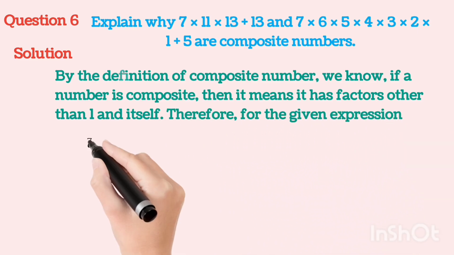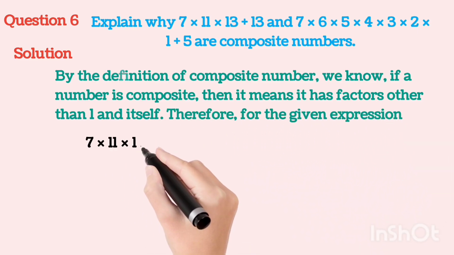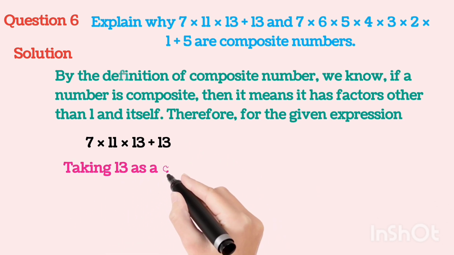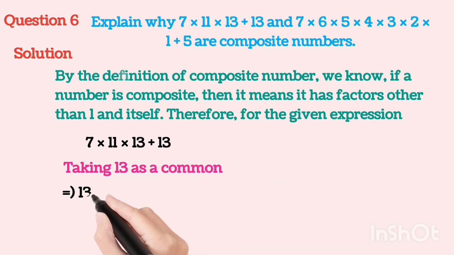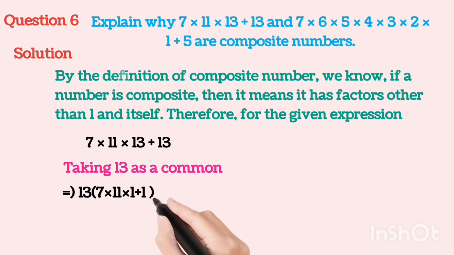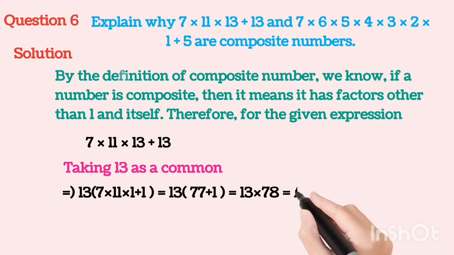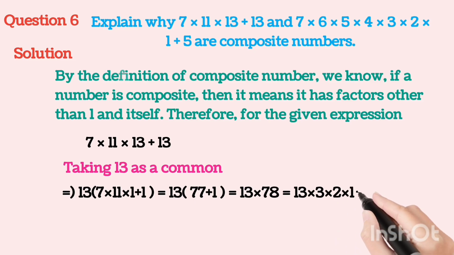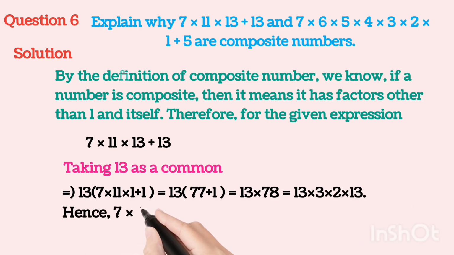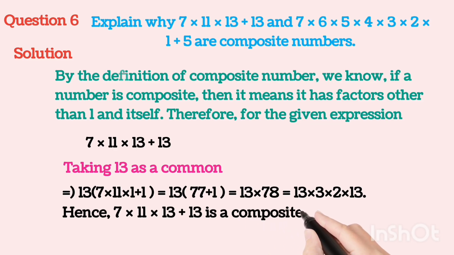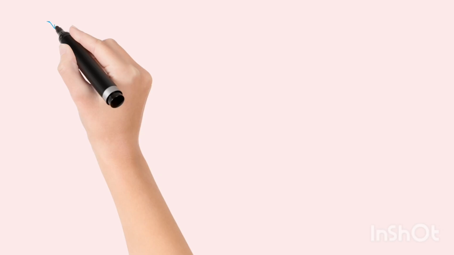Therefore, for the expression 7 into 11 into 13 plus 13, taking 13 as common, we get 13 into the bracket 7 into 11 into 1 plus 1, which is equal to 13 into 77 plus 1, equal to 13 into 78, equal to 13 into 3 into 2 into 13. Hence 7 into 11 into 13 plus 13 is a composite number.